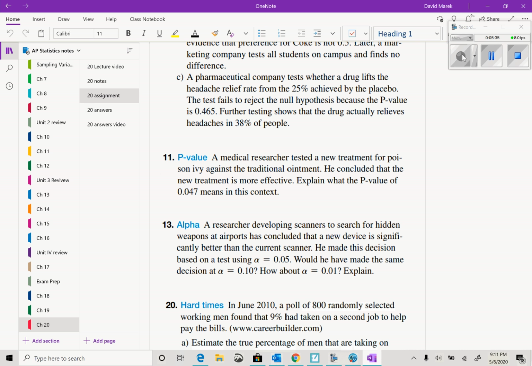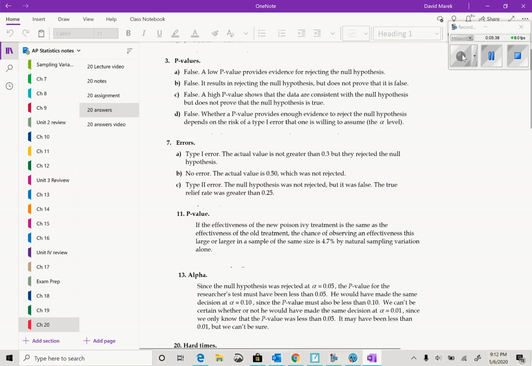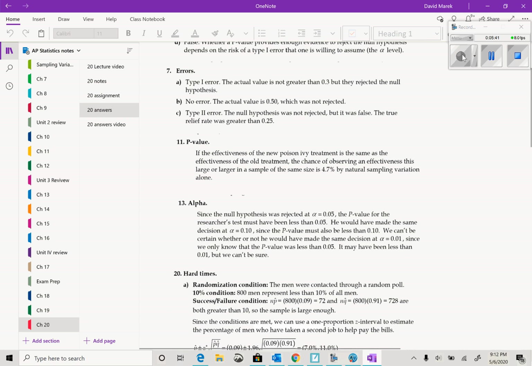If we were to go ahead and run more trials, do more experiments, in this case, from the same population with a sample size the same as the original study, if the effectiveness of this new one isn't any better than the old one, the chance of observing an effectiveness this large or even larger is going to happen by sampling variability alone only about, now notice how they've changed the probability from 0.047 into a percentage.